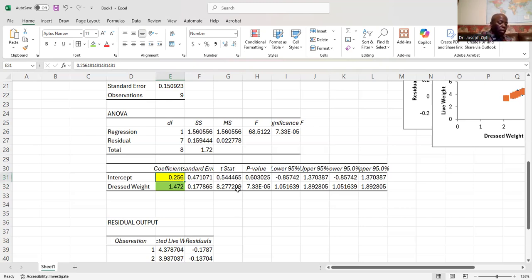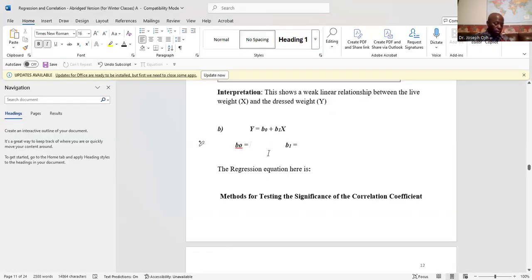Let's put it in the workbook and then get the regression equation. B0 is 0.256. B1 is 1.472.